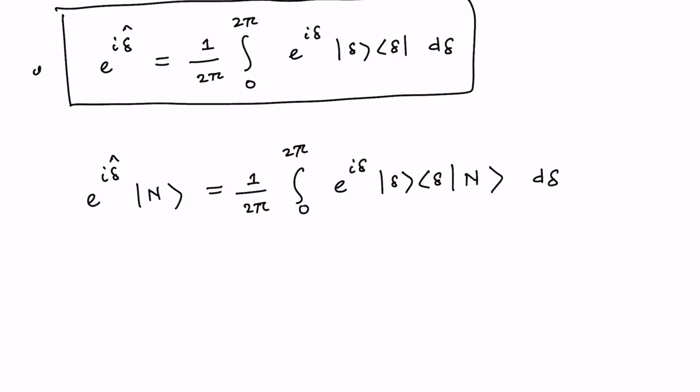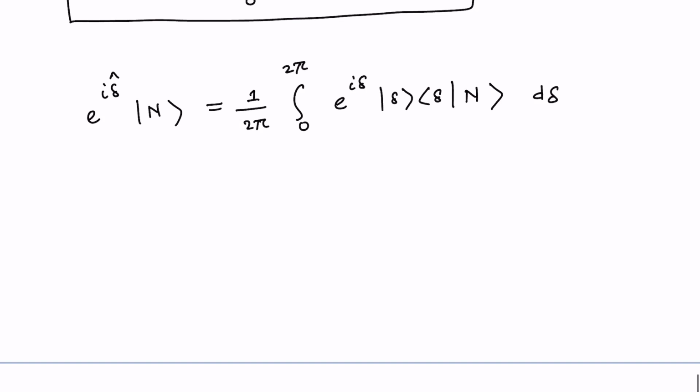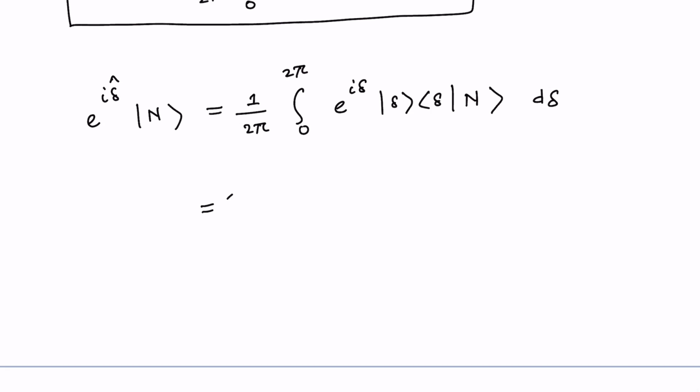I have d delta, and this I can write further as 1 by 2 pi 0 to 2 pi, okay, e to the power i delta.